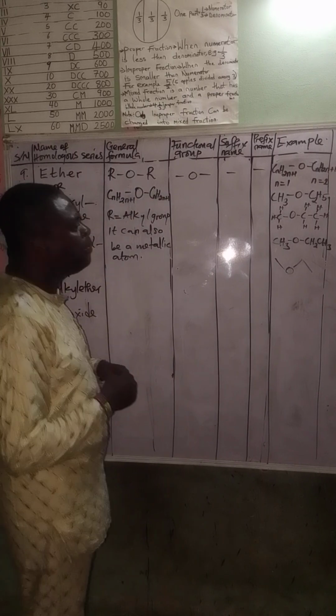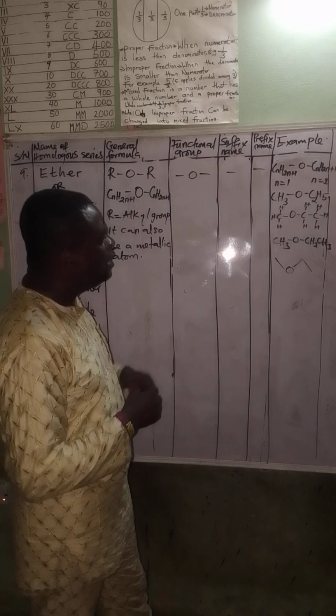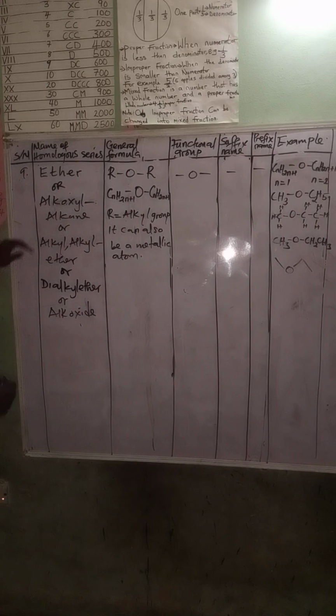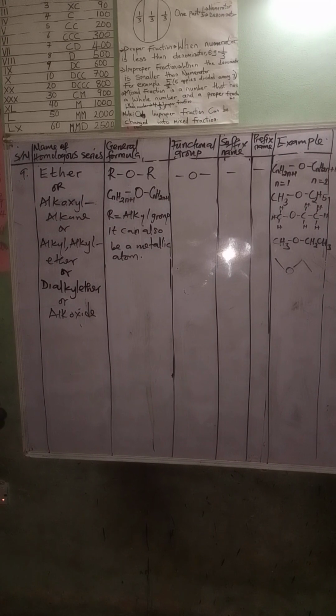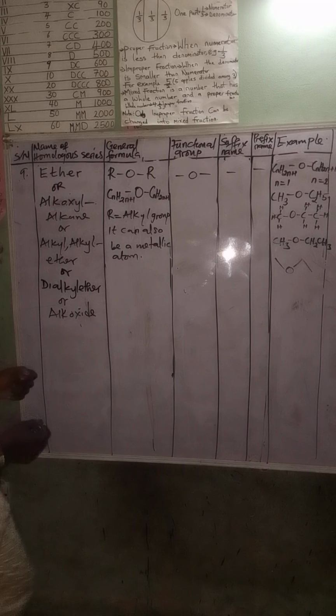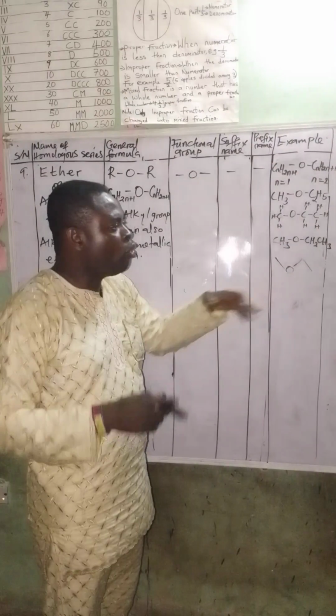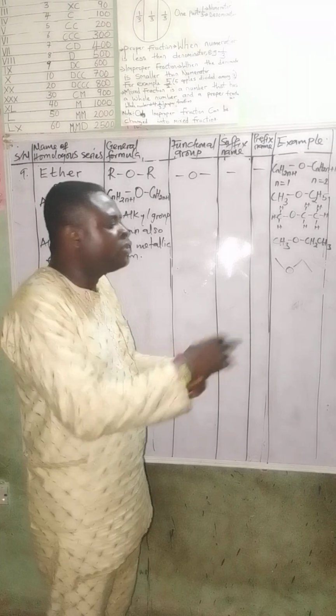Then how do we name this compound? There are 3 ways of naming it, as stated here. Let's do the first type, the alkoxyalkane style. Whatever is here, you call it the alkane and blend it with oxygen.